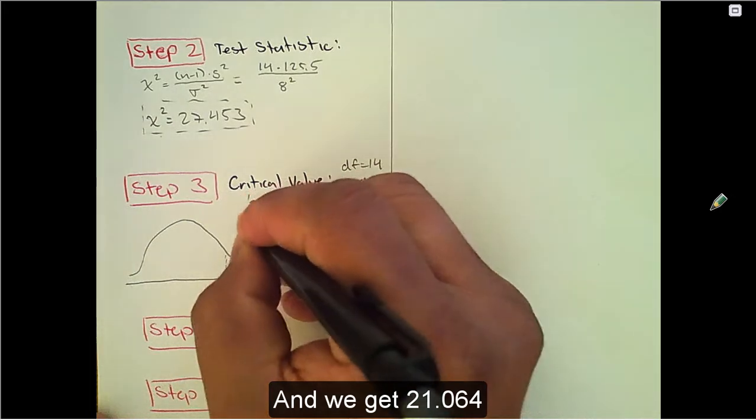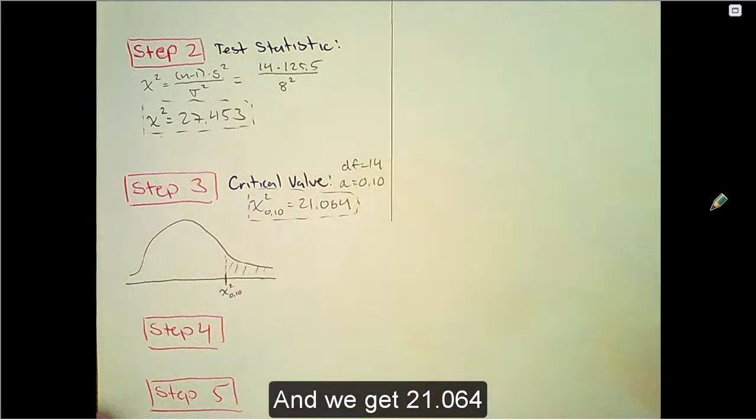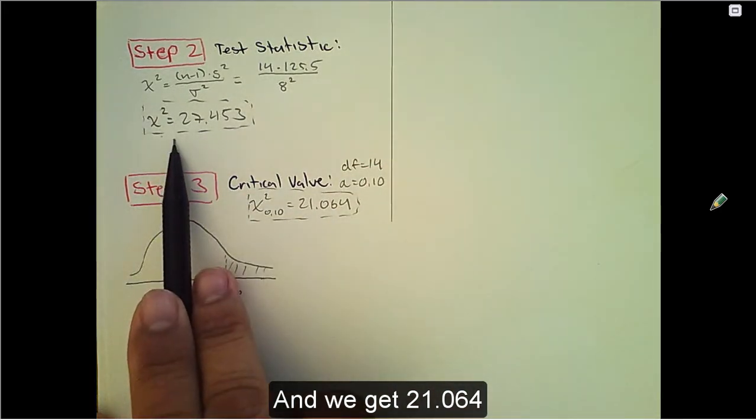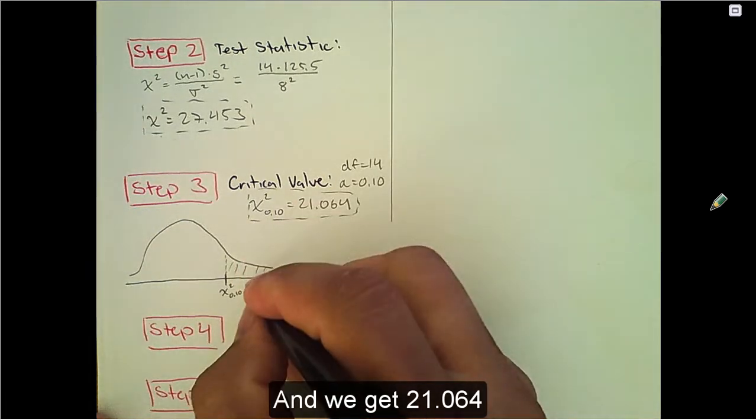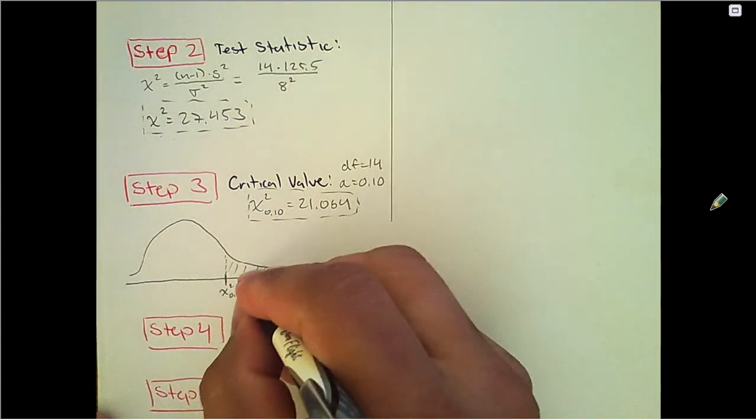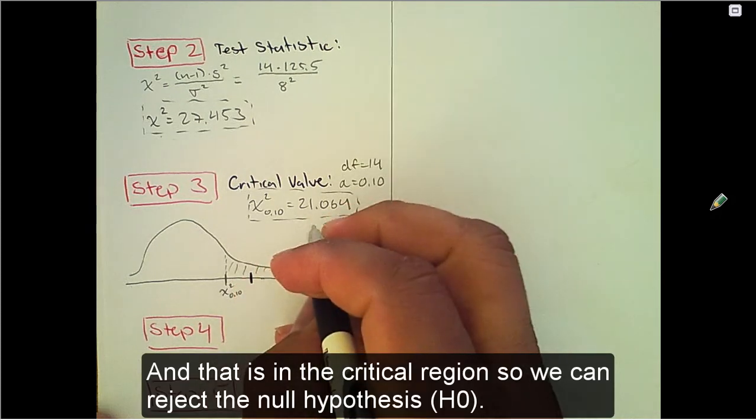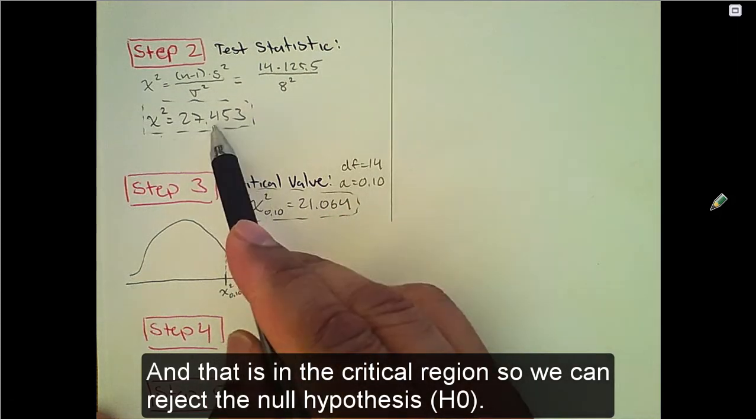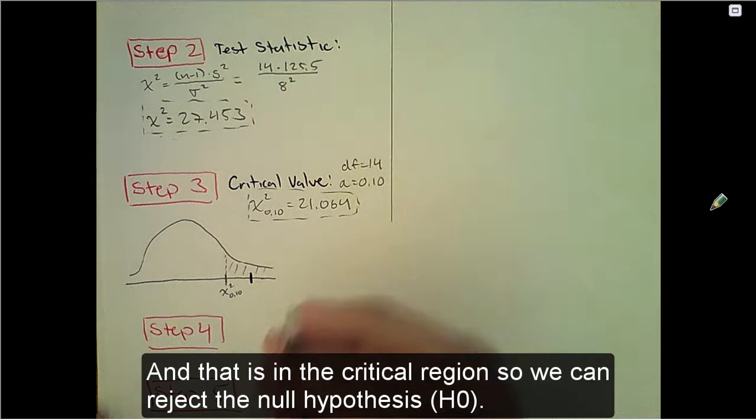And we get 21.064. And that is in the critical region, so we can reject the null hypothesis.